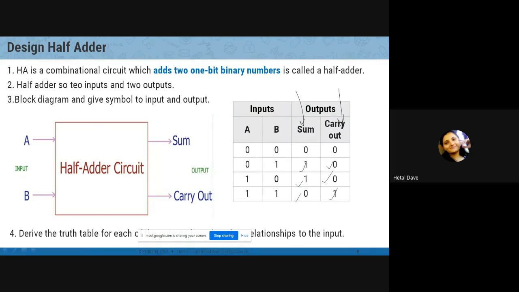Directly, can anyone tell me what the equation of sum can be by looking at the sum column? What is the conclusion for the sum column? If the 2 inputs are the same, the output is 0. If the 2 inputs are different, the output is 1. Which gate does it represent?